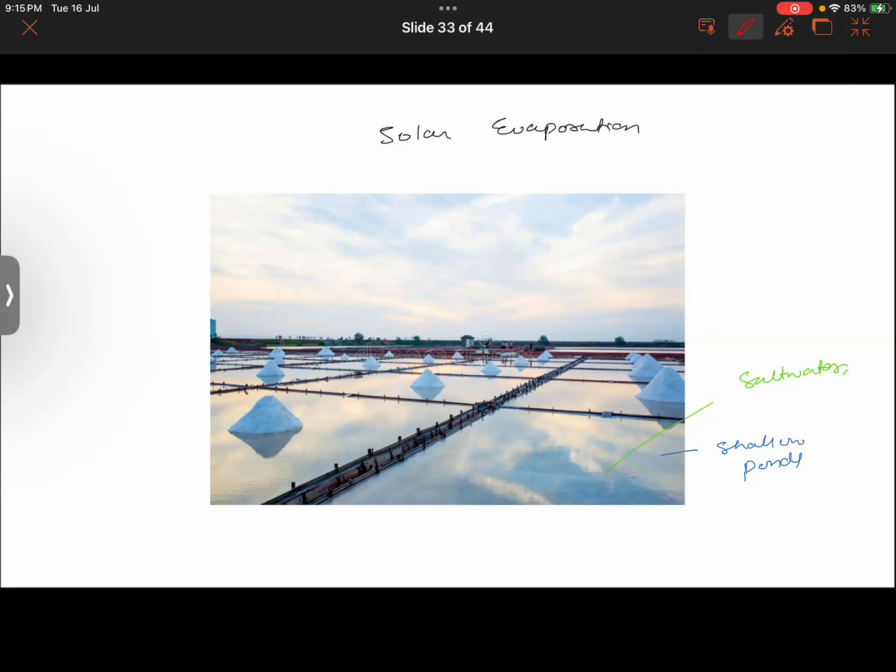Of course sand will also be in it. So that is not fit for consumption, so it needs to be further purified. The salt obtained from evaporation will be further purified and then it will be used, right?